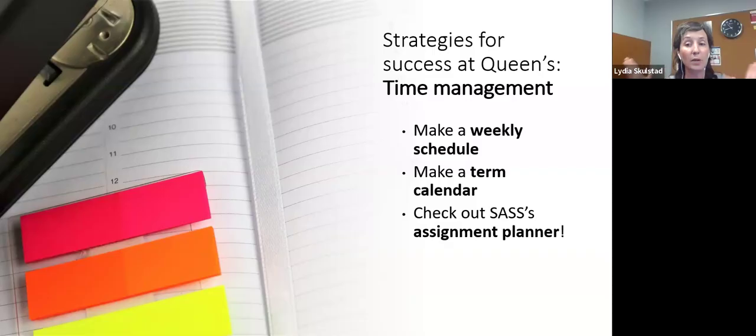A 12-week term goes by very quickly, and there can be a lot to balance between the different classes you are taking. And also if you have a part-time job, if you have research, you have grocery shopping and meal prep, you have exercise and sleeping, there's lots of things going on in your life. And then you want to also make sure that your academics are a priority.